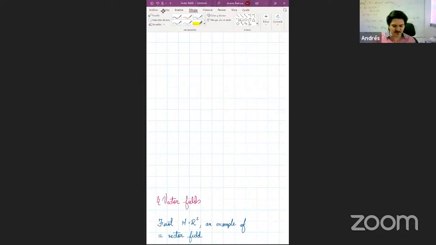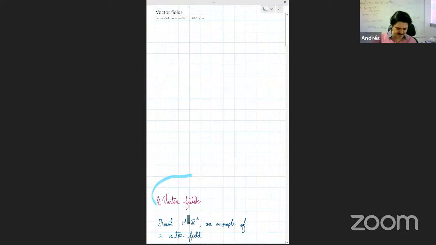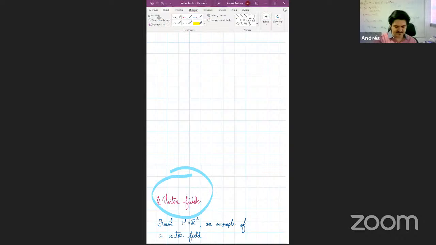So this is what we're going to study today, vector fields. And here is where we are going to use some notions of ordinary differential equations. And also, basically, this is like the first part where we are actually seeing applications.